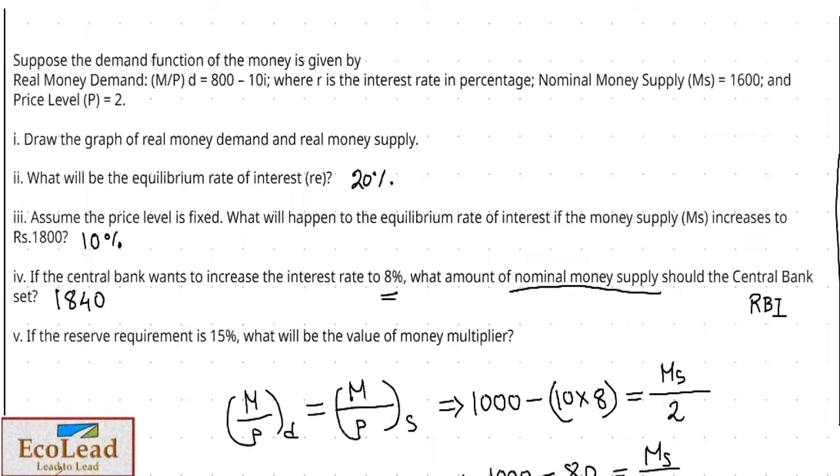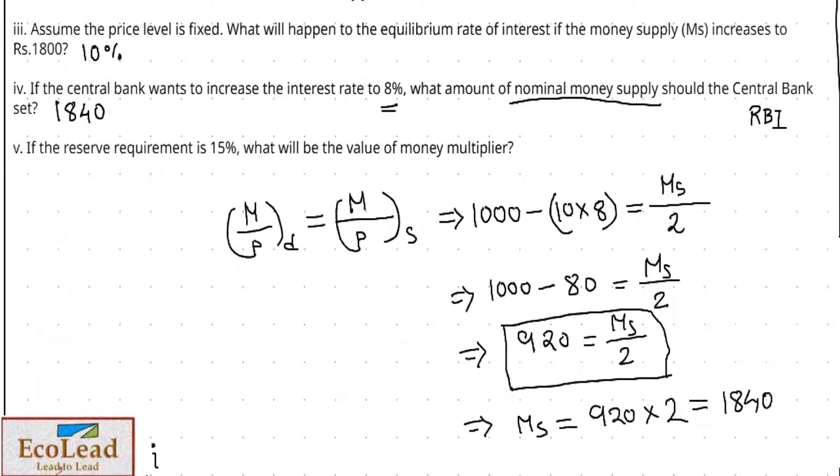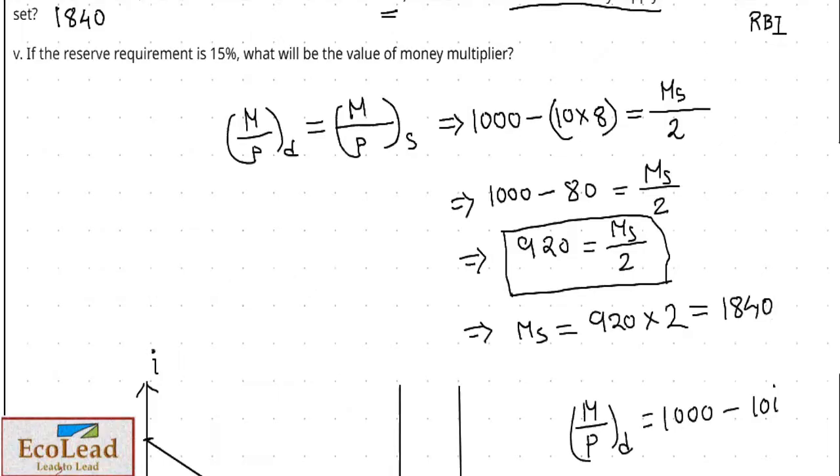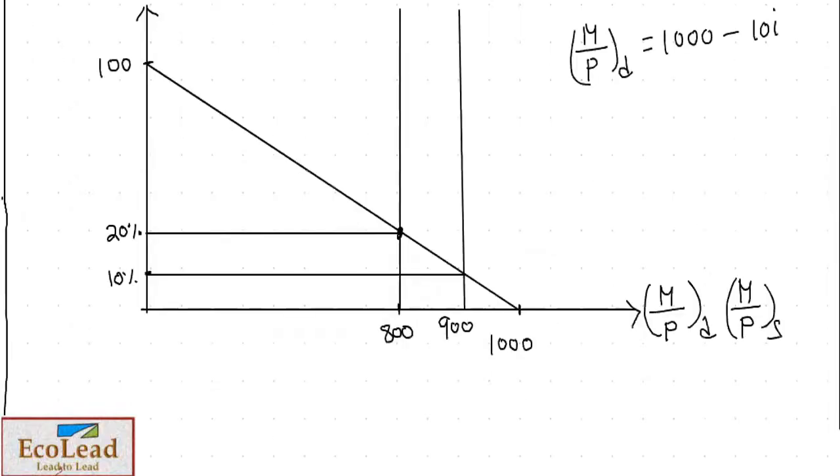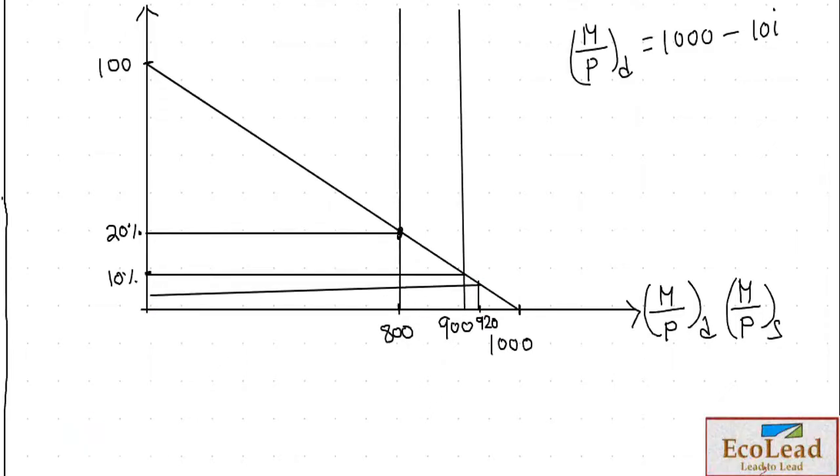And in the fourth question, our nominal money supply is 1840, but real money supply was 920. So the real money supply is a little greater than in the third question. So here it is 920 and the corresponding value of the interest rate is 8%.